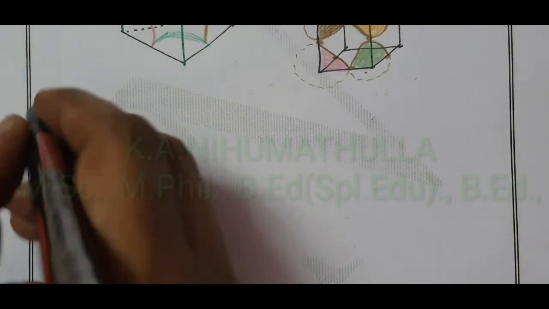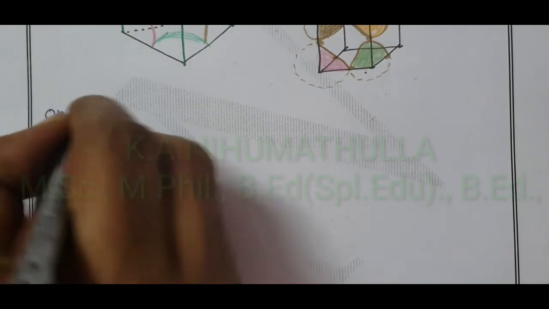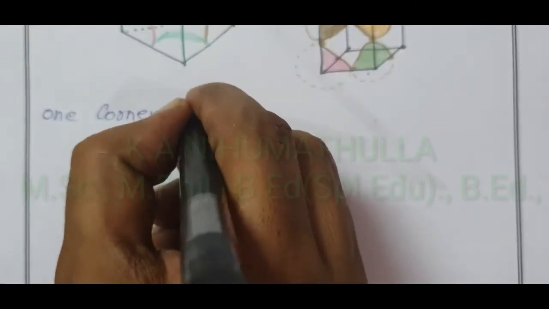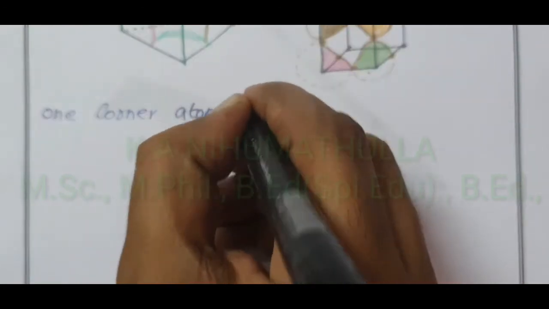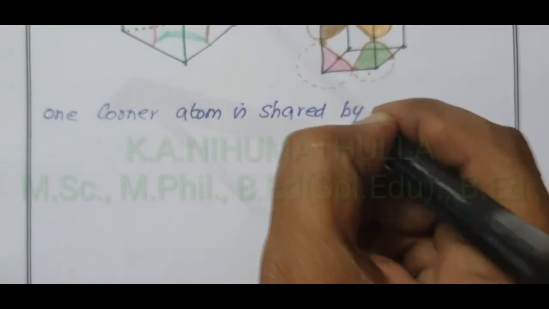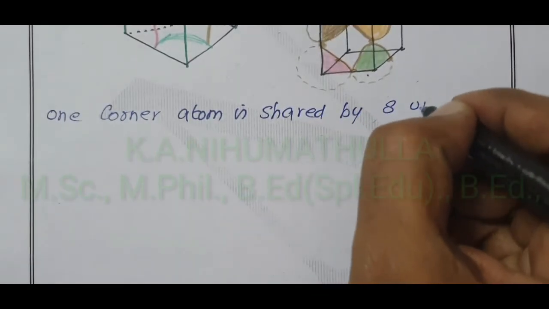Write down: one corner atom is shared by 8 unit cells.